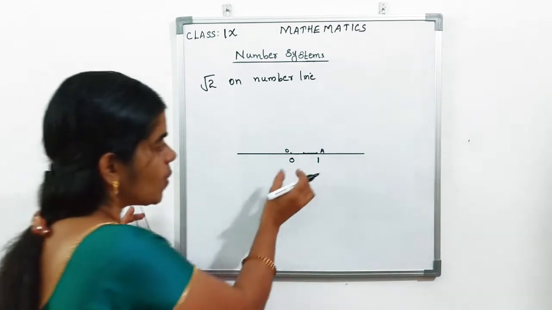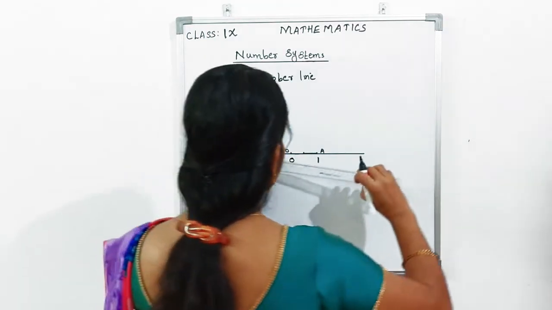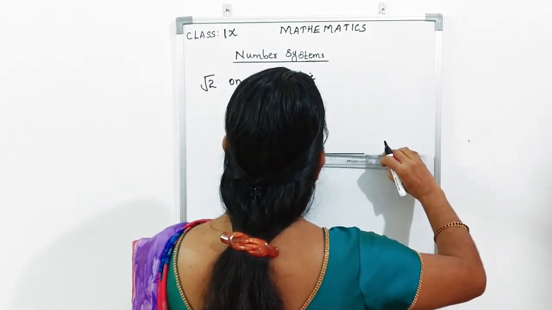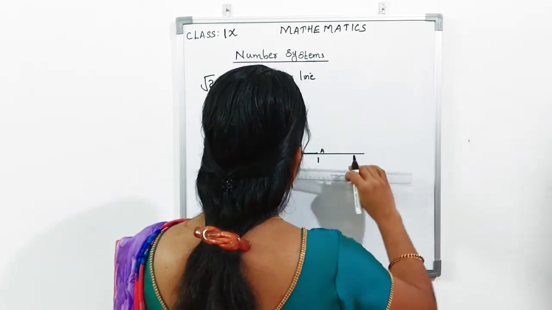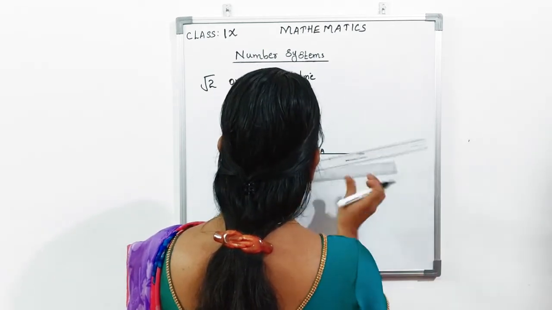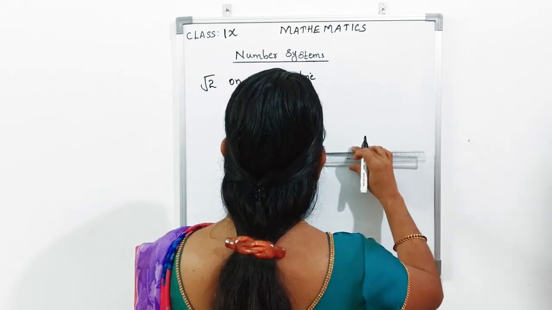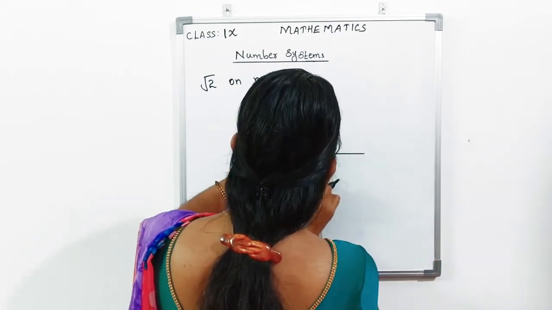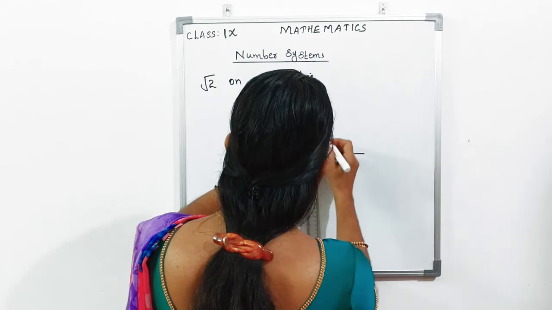Then OA, the distance you have taken, the same distance you want to mark with another point.